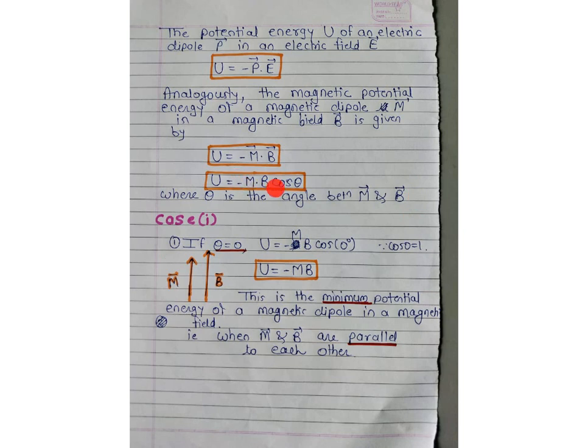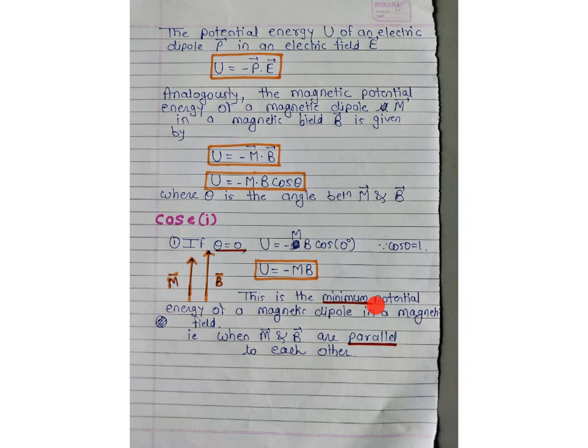Using this equation, there are two cases, when the magnetic potential energy is maximum and minimum. In case 1, if theta is equal to 0, in the equation U equal to minus MB cos theta, cos 0 is equal to 1. Therefore, the magnetic potential energy U is equal to minus MB.